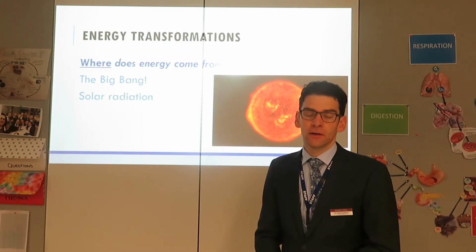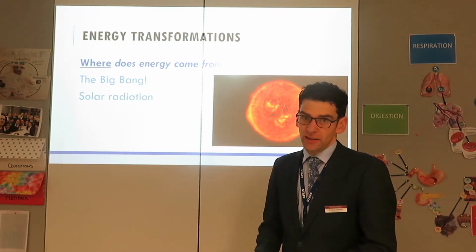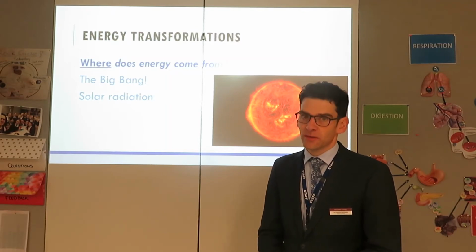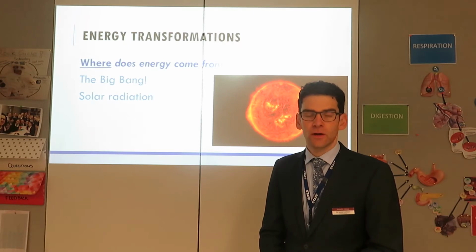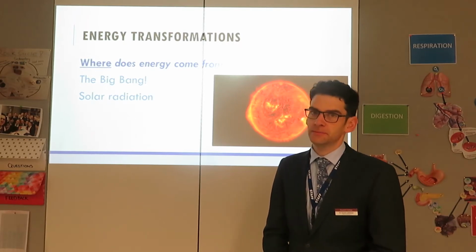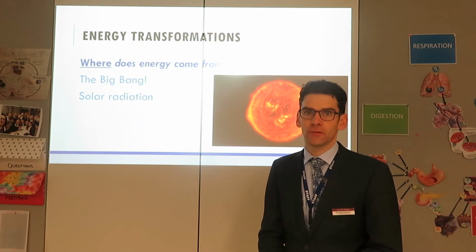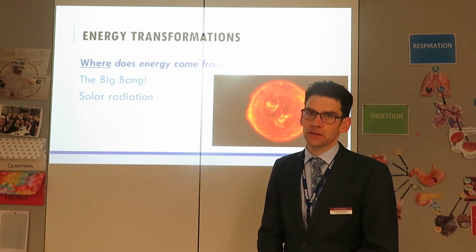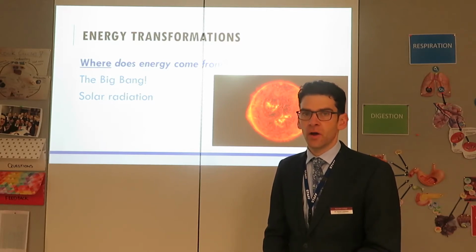Well, if we think just locally in terms of our own solar system, most of that energy is within the sun. We'll talk a lot more about this in the next video or next lesson, where we talk about energy derived from solar radiation. So the sun is the powerhouse of our solar system. It provides most of the energy.